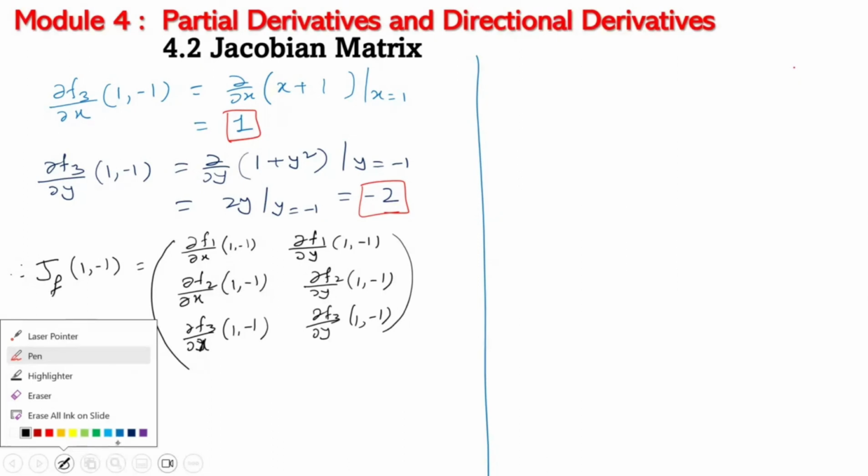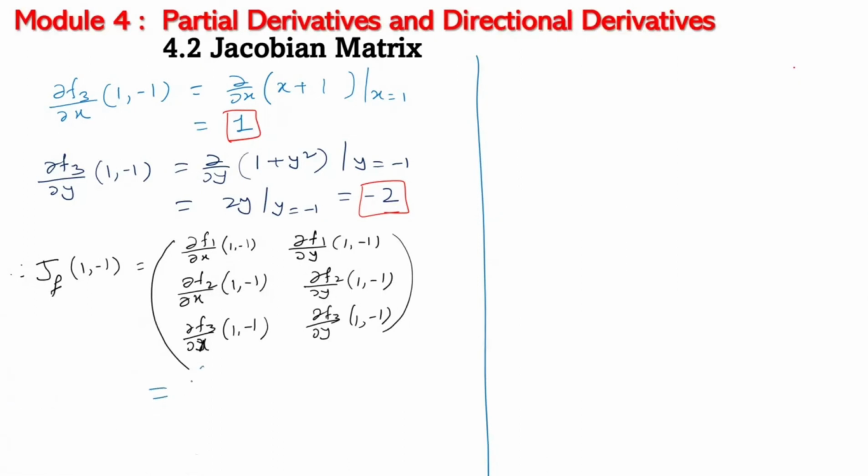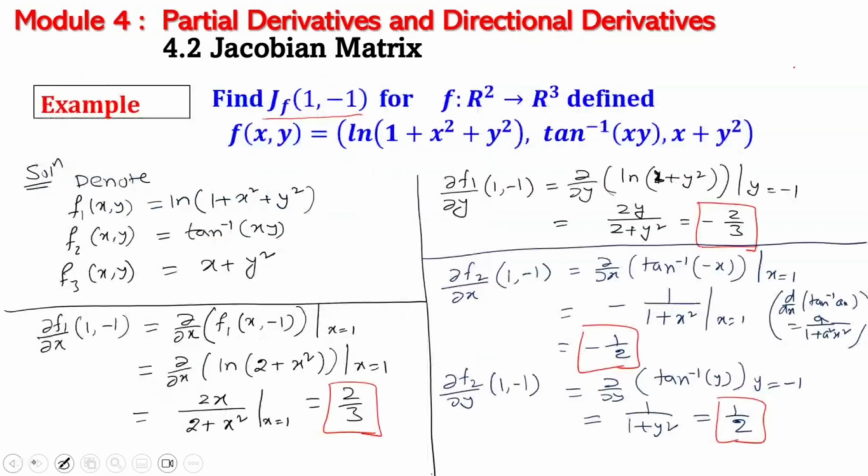So we got all those values and we need to just write it here. So we'll go back and check what the values are.